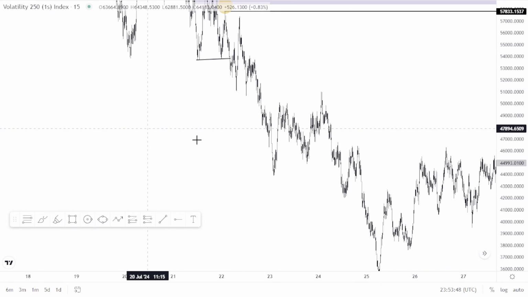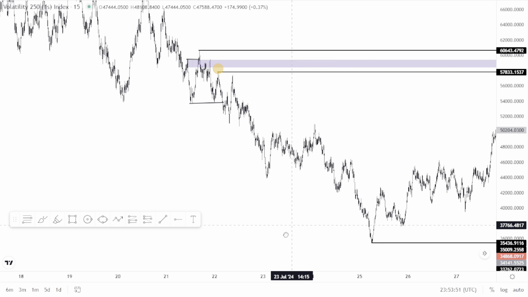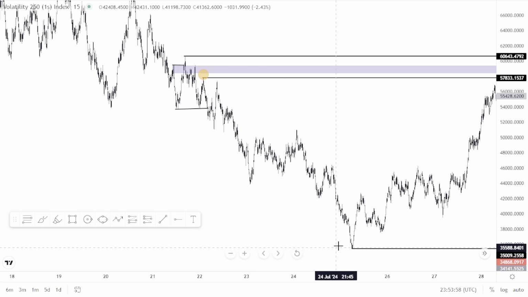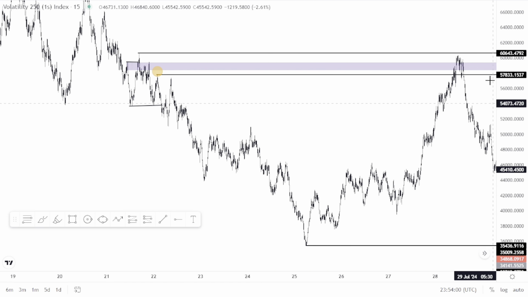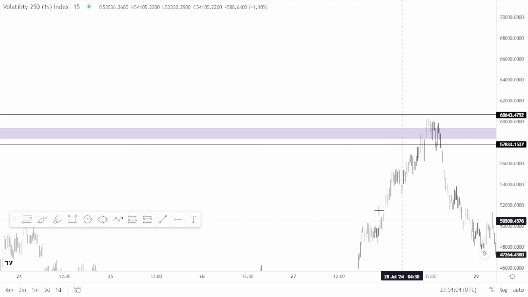The protected low is the highest point the market gets before coming back to take that liquidity. So however far the protected low is before coming back to take out the liquidity is going to be your target. Just learn to implement that.